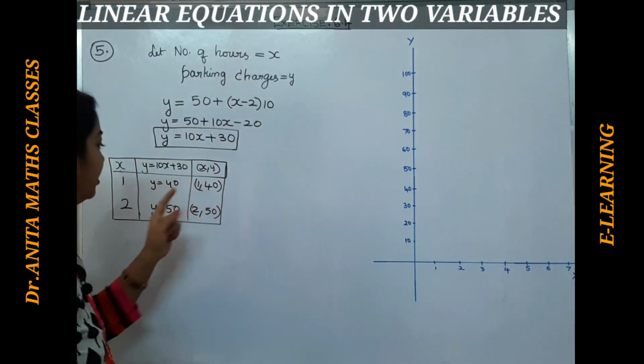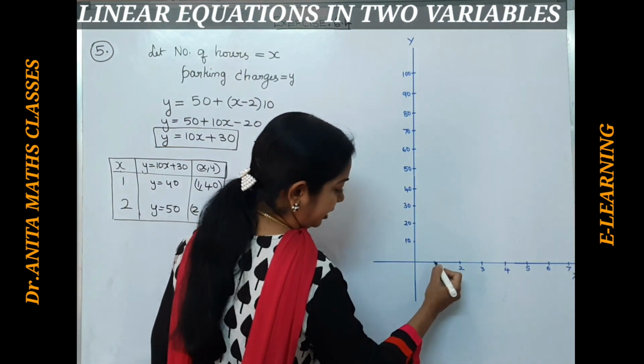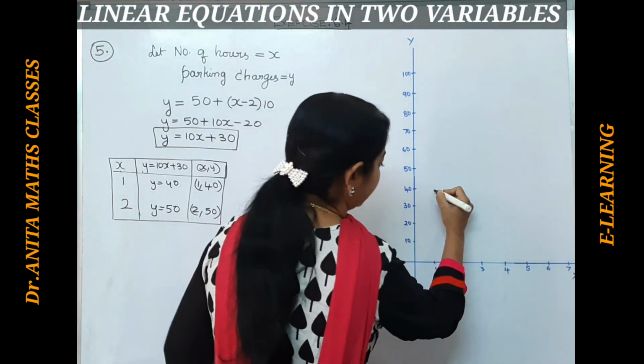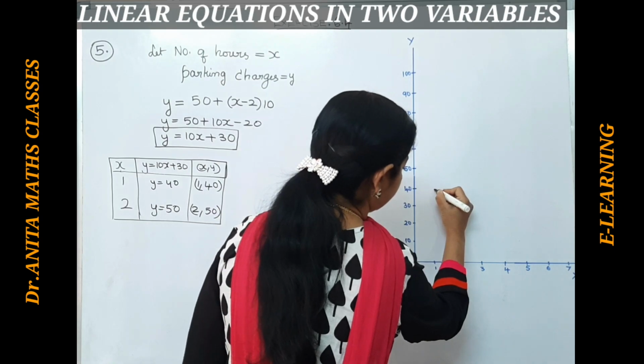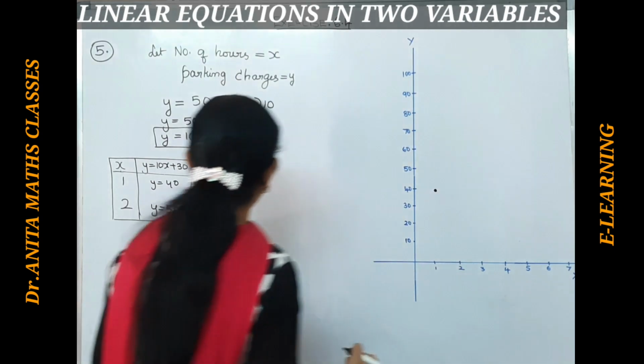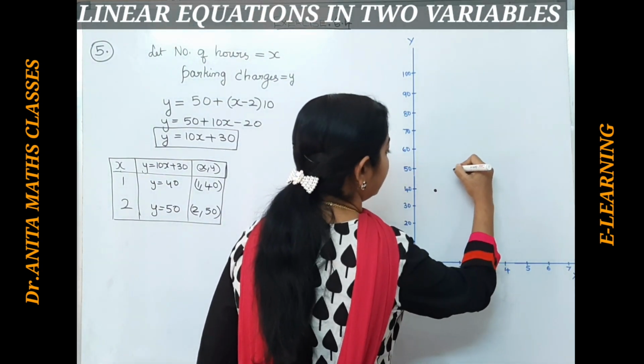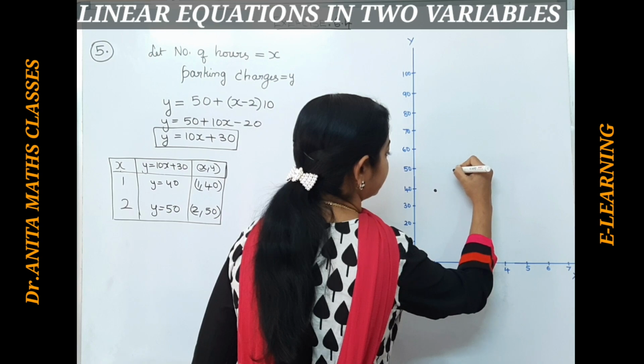Likewise, now let's plot (1, 40): 1 on the x and 40 on the y. This point is (1, 40) and this one is (2, 50).